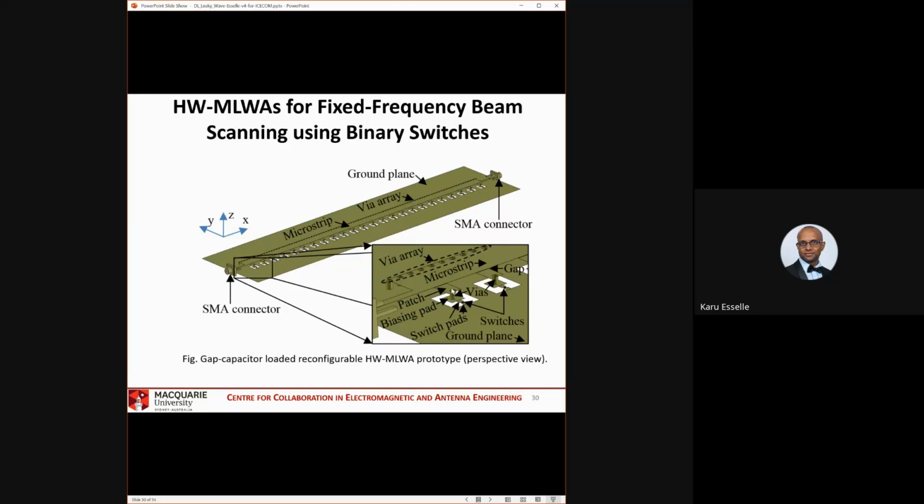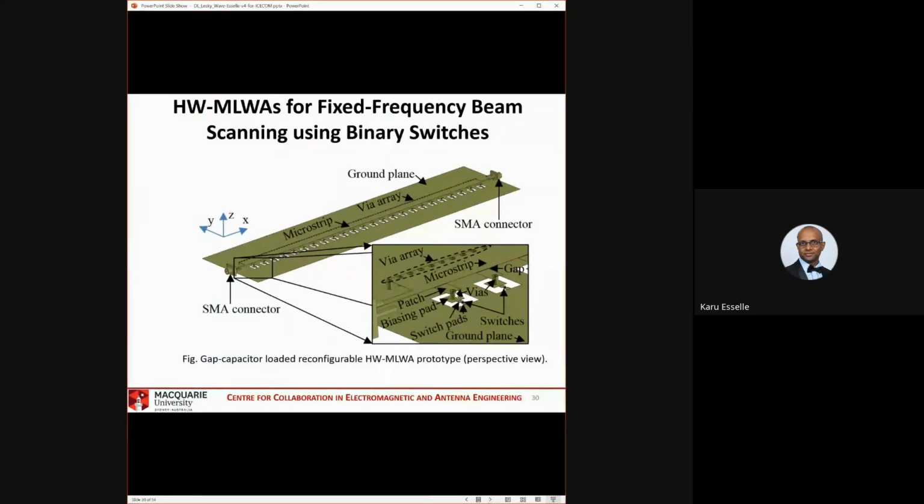So the via is from the top patch to the bottom bias pad. So the switch is between this bias pad and the ground plane. So each bias pad and the ground plane has a switch. And you can turn the switch on and off by applying a bias voltage to this patch.